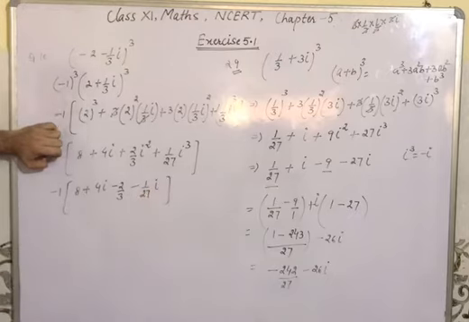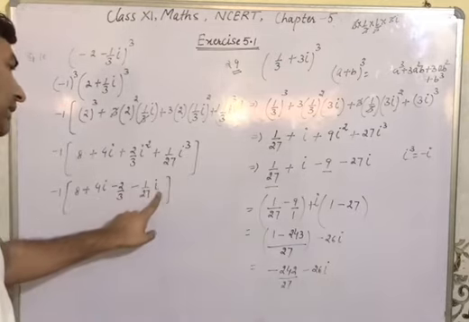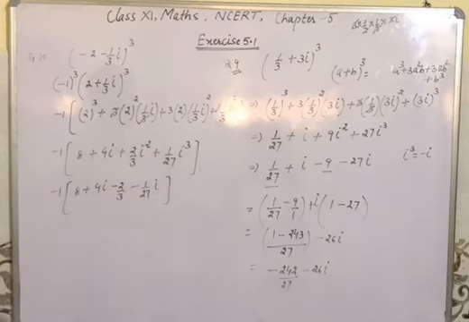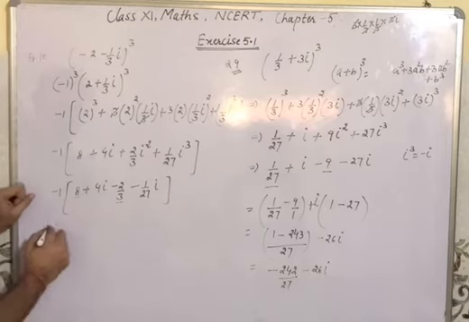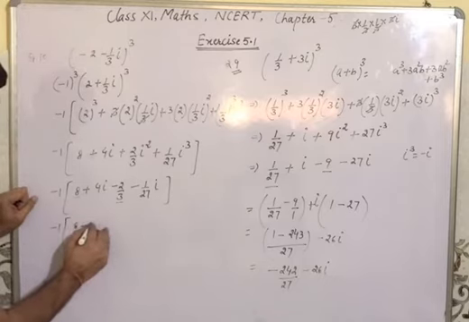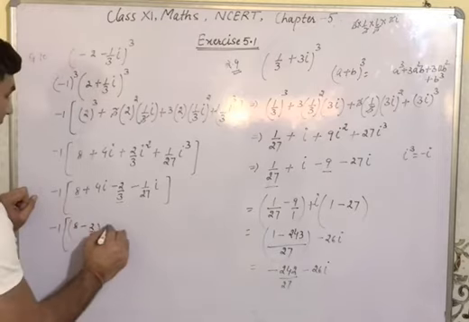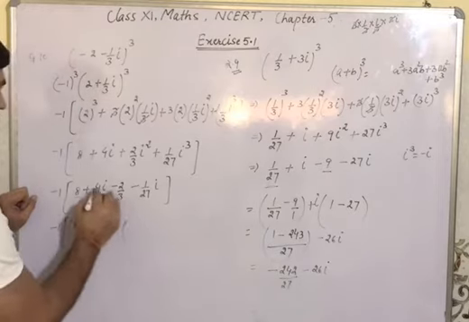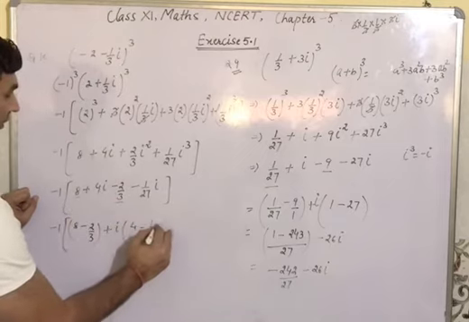We can write this because iota cube is minus iota, and minus iota, this minus is here, and then this and this are the real part. Then 8 minus 2 by 3 is the real part, and then plus iota, and then the imaginary part is 4 minus 1 by 27.